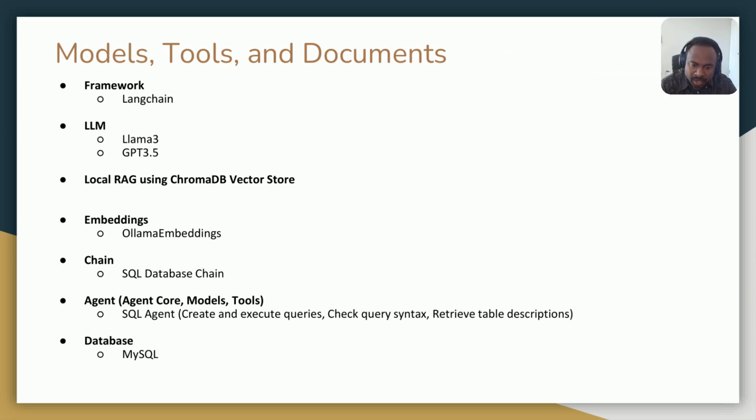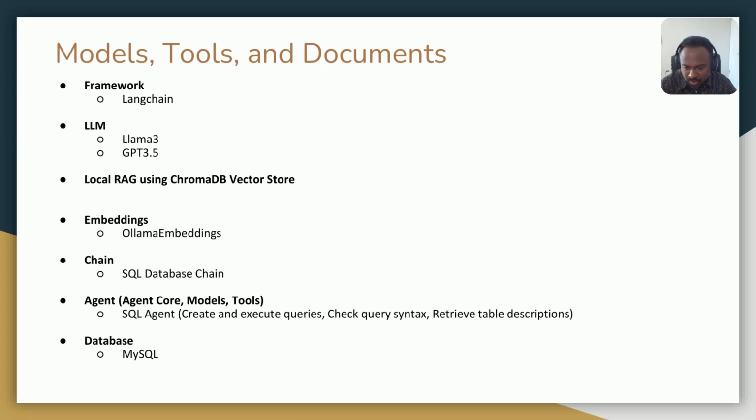For database development and maintenance using prompt engineering, I've used these tools and documents. I used the LangChain framework. For LLM, I used Llama 3 and GPT 3.5. For local RAG, I used Chroma DB Vector Store.